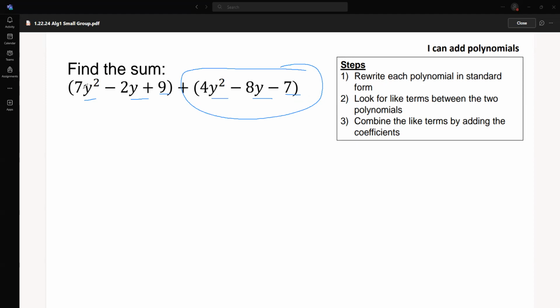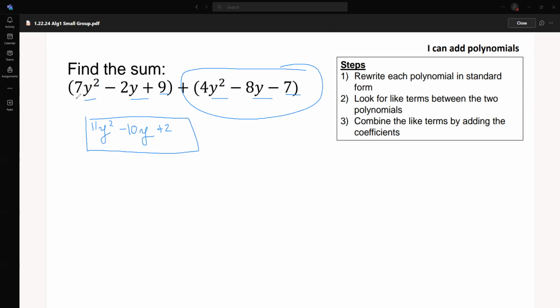So let's add it. 7y squared plus 4y squared, that is 11y squared. Negative 2y plus negative 8y, that is negative 10y. And then 9 plus negative 7 is positive 2. This would be our final answer.